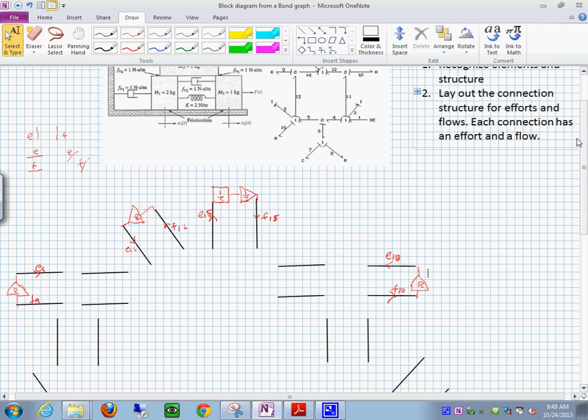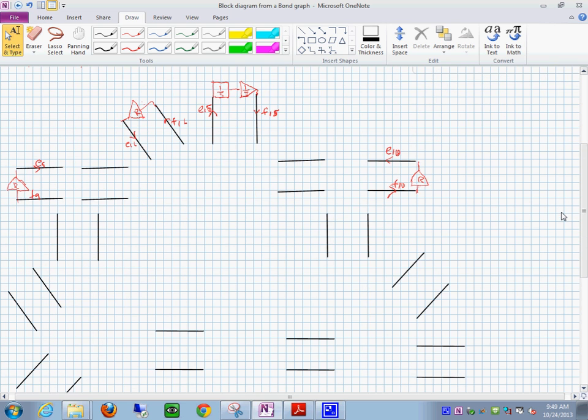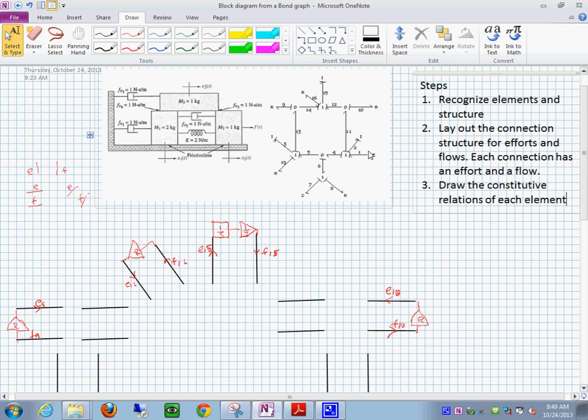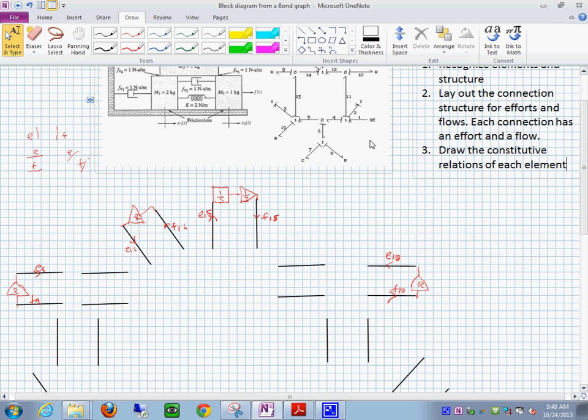I'm sorry, I should have done step number 3, which would be, I would say, draw the constitutive relations of each element. Okay, and then after this I need to do this I, and I need to do the SE here.